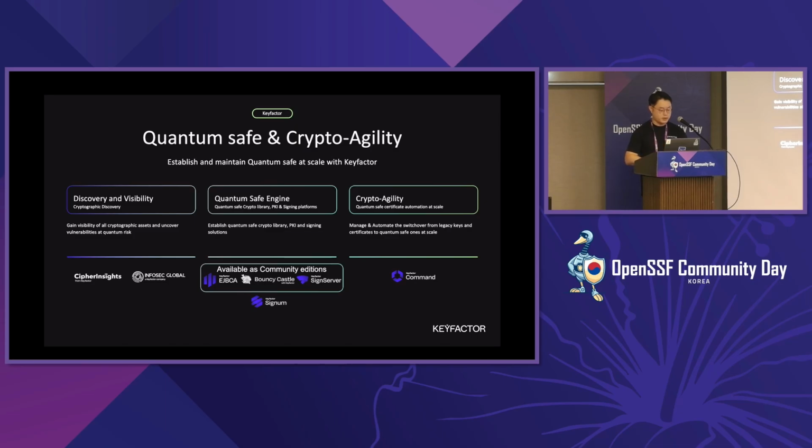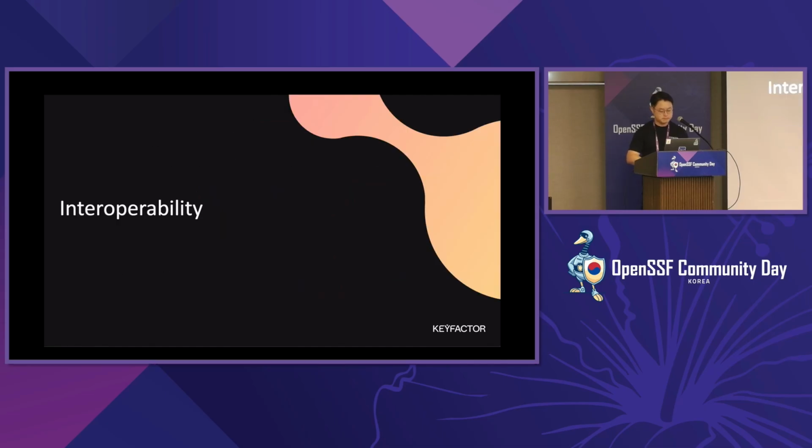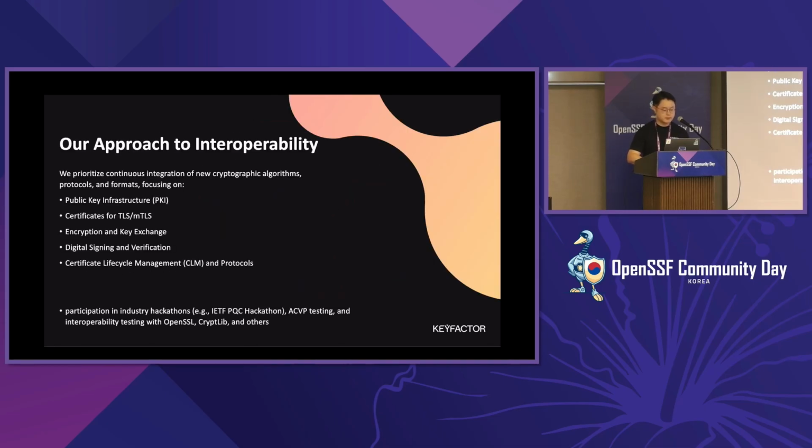And we will talk about interoperability using those tools. So what we're focusing on is what we can manage: all the PKIs, certificates for TLS, mTLS, encryption, key exchange, and signing verification, and also CLM, which is lifecycle management of certificates and protocols.